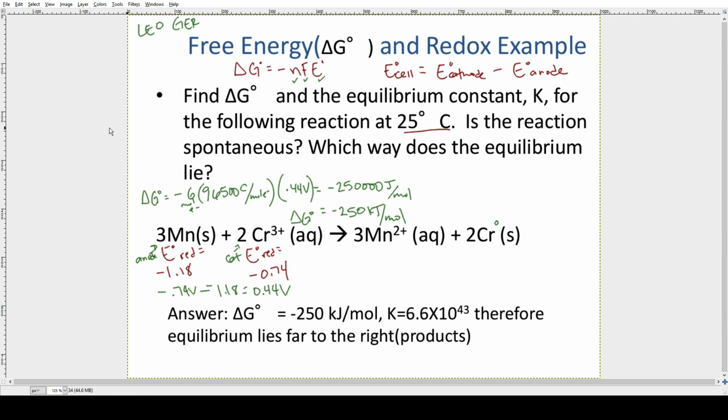So now that we've got delta G, let's figure out K. Do we have an equation that involves K? Yes, we do.